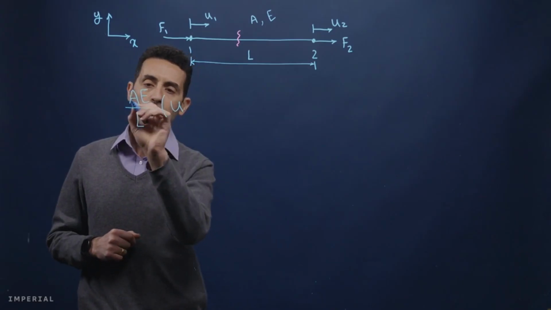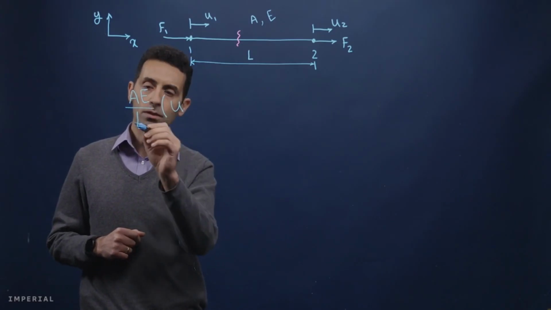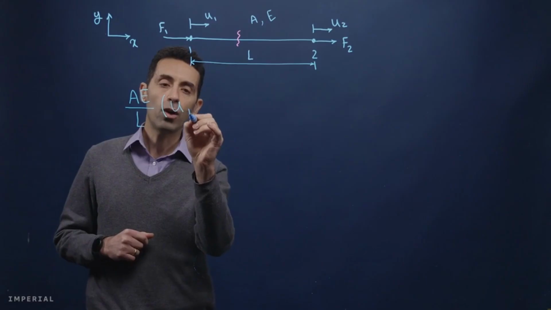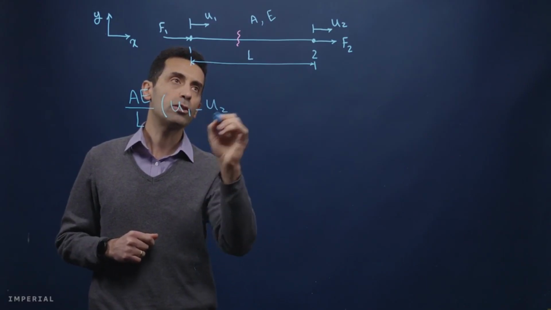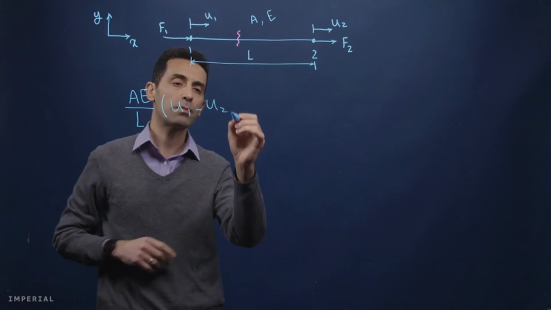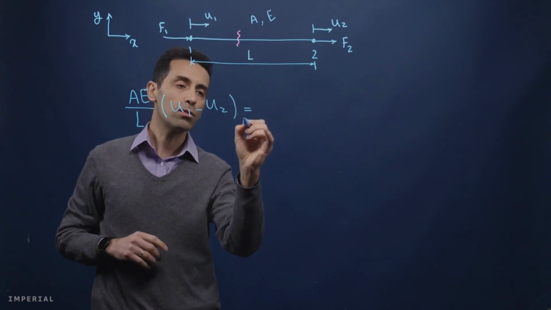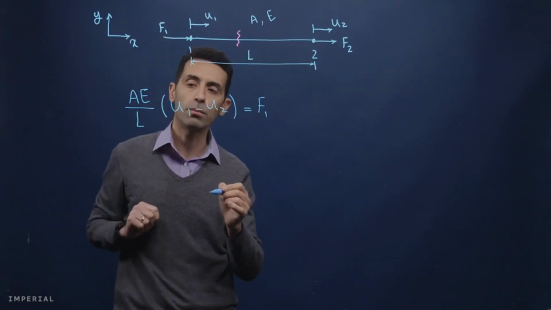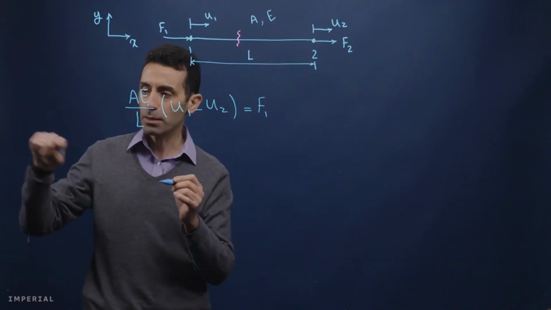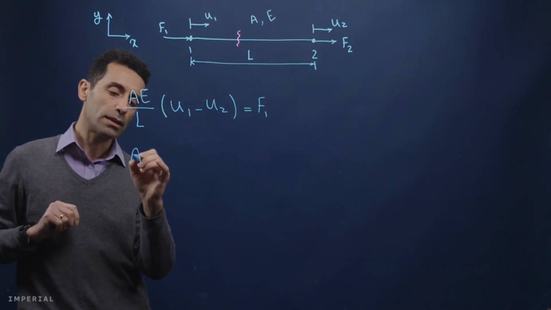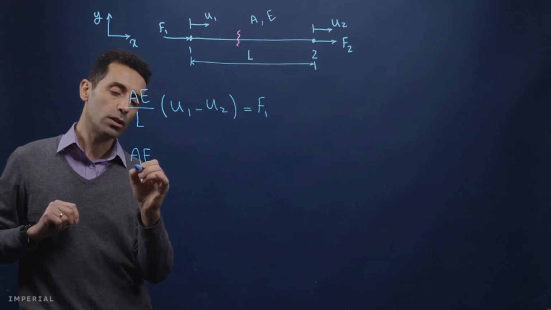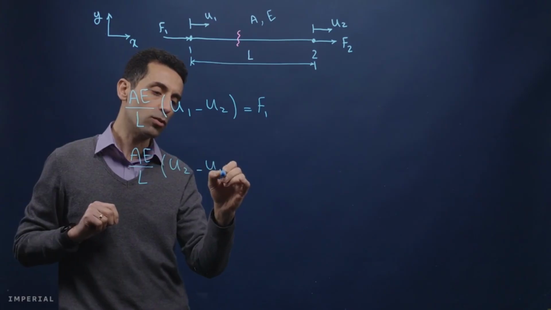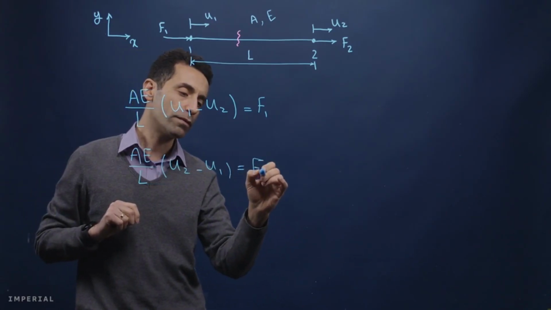A, cross-sectional area, times elastic modulus divided by the length of the element, times U1 minus U2, which is displacement at node 1 minus displacement at node 2, equals F1, which is the force that is applied to node number 1. And we have a similar expression for the force that is applied to node number 2. But this time we have U2 minus U1 equals F2.